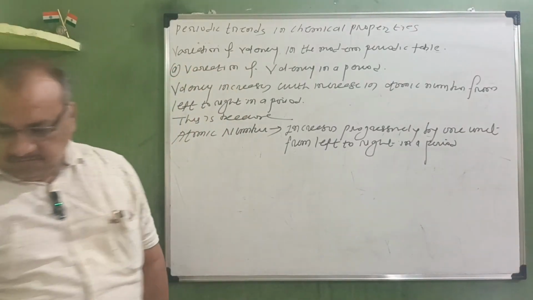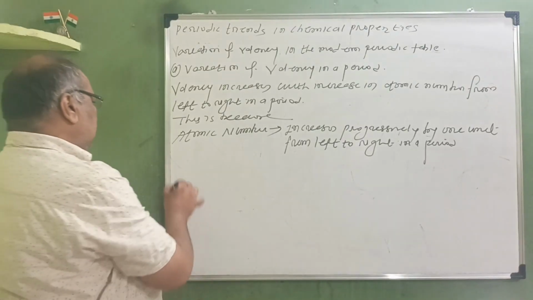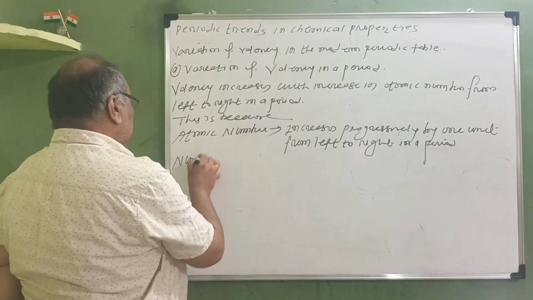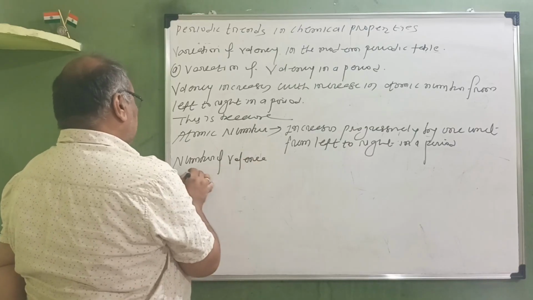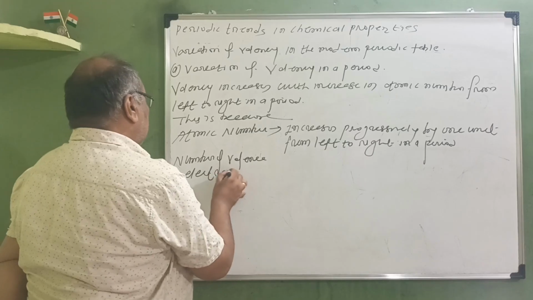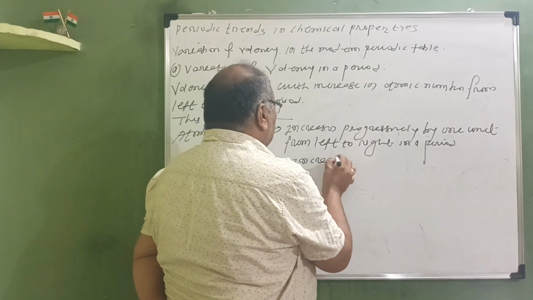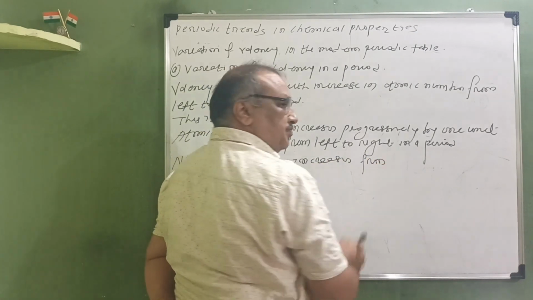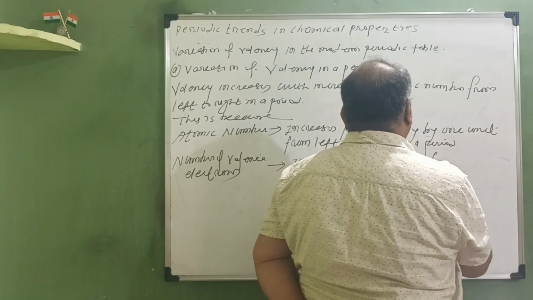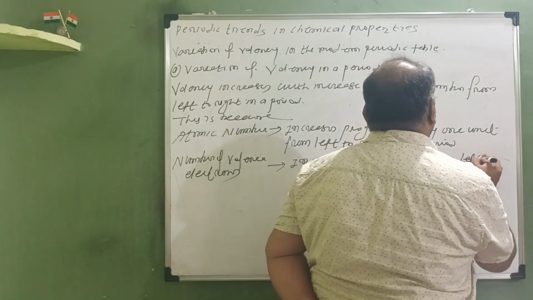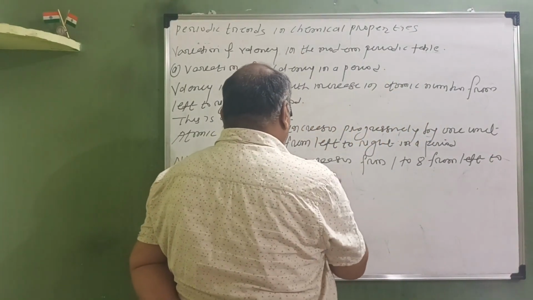Now here the number of valence electrons increases from 1 to 8 from left to right in a period.